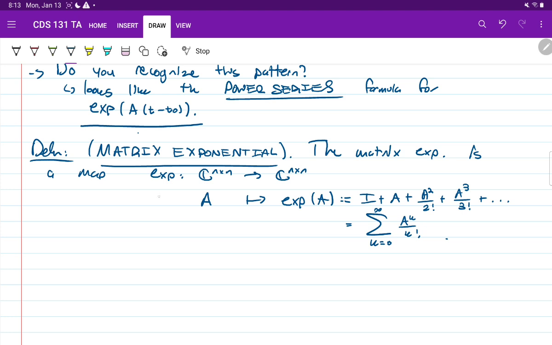So all that we're doing here is we just take A and plug it into the power series formula for the exponential. All right, nothing more than that.